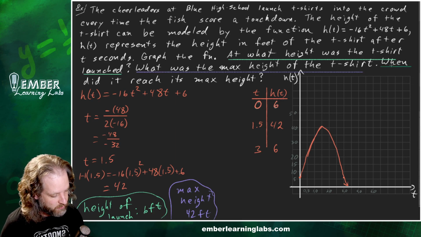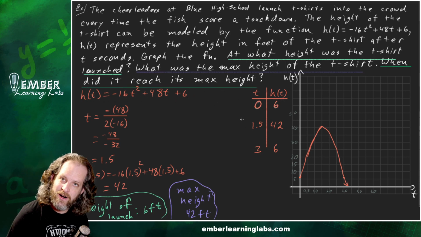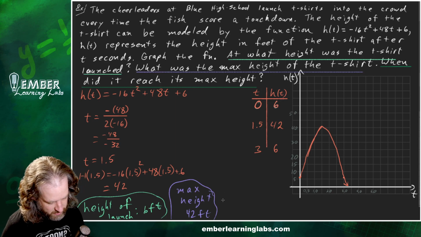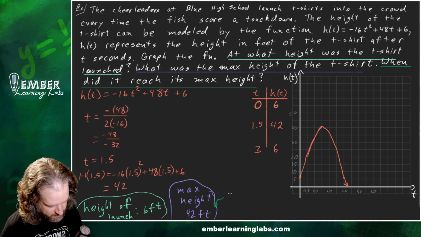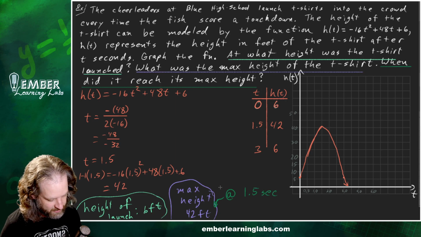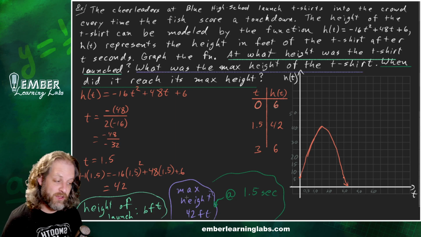We also know that because that would be the x part of the vertex. So the max height is at 1.5 seconds. So there we go. We've got a good enough graph and answered all the other questions.